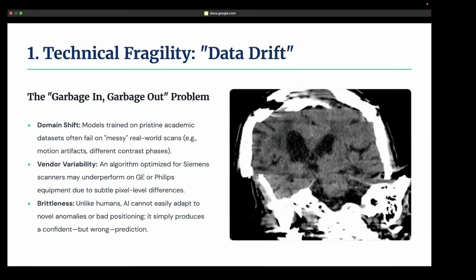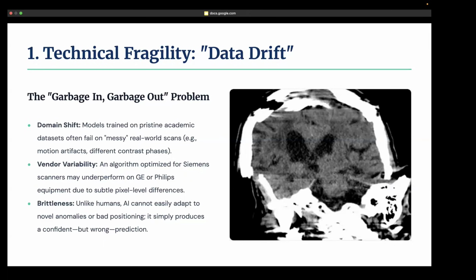Now, here are a couple of issues that I see with AI in radiology specifically. There's something called the garbage in, garbage out problem, where models are being trained on really good academic data sets that don't apply to real-world scans.